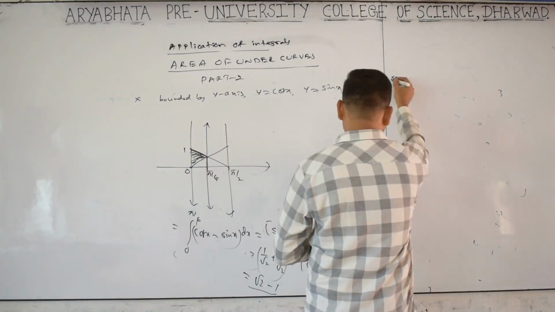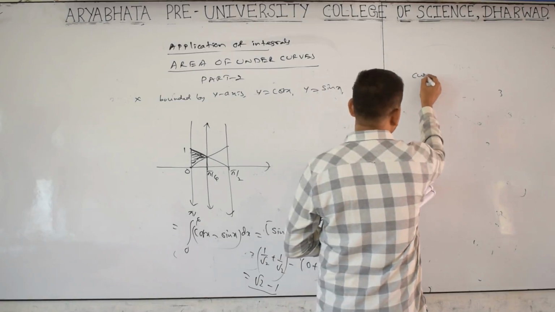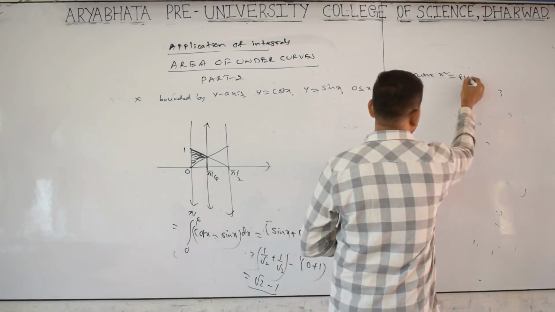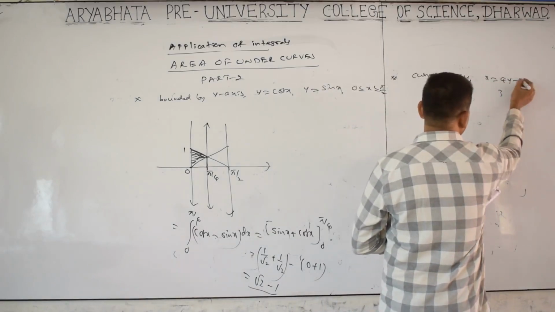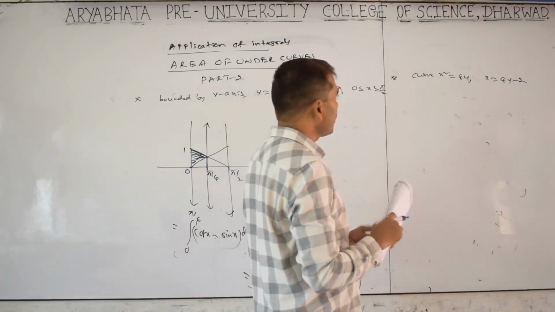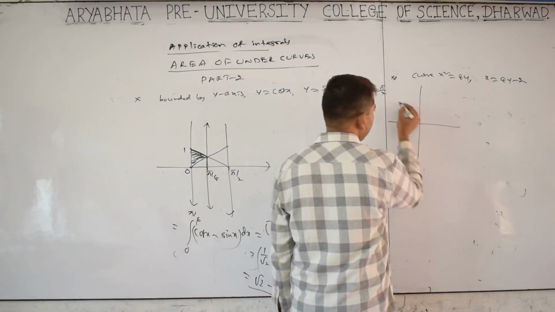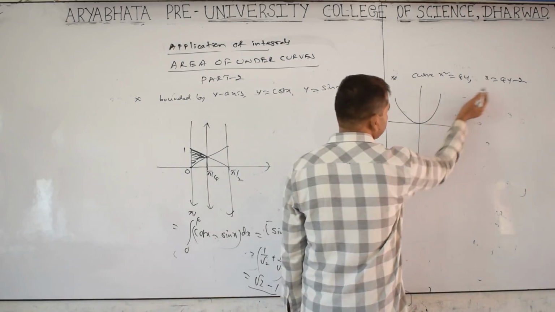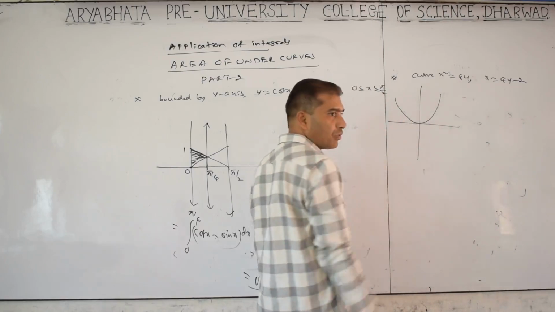Next question is the area of the region bounded by the curve x² = 4y and the line x = 4y − 2. x² = 4y is a parabola opening upward. The line does not pass through the origin, so to draw it we need two points.